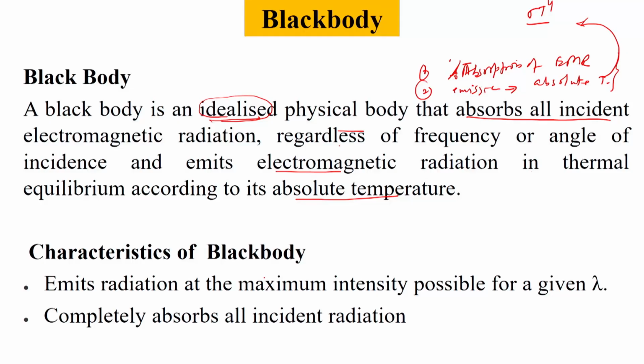And then the characteristics of the black body: it emits radiation at the maximum intensity possible for a given wavelength. We will see sigma T to the power 4, but there will be a lambda maximum, which is Wien's displacement law that we will discuss.